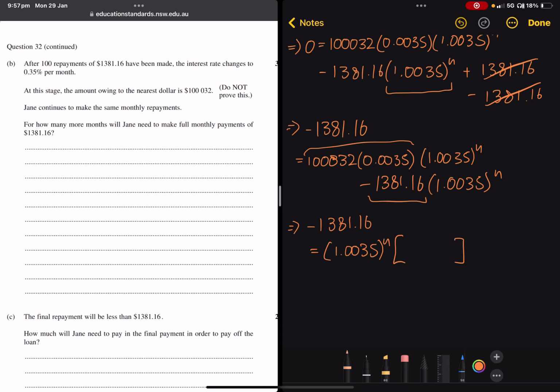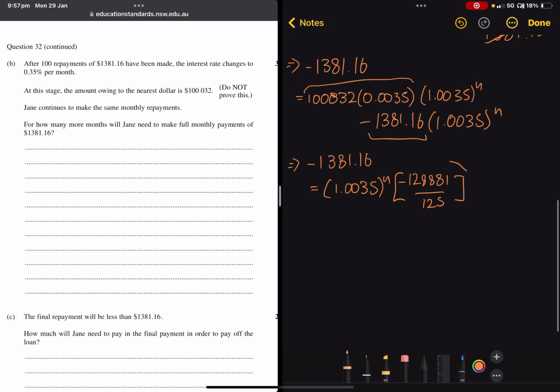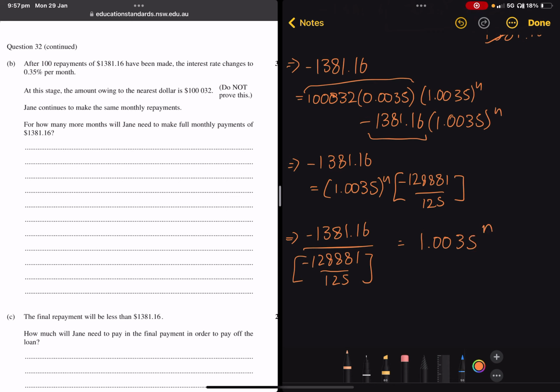I'll just write it as a fraction. Minus 12881 over 125. Now I'm going to divide both sides by this. This gives me minus 1381.16 divided by minus 12881 over 125 is equal to 1.0035 to the power of n.